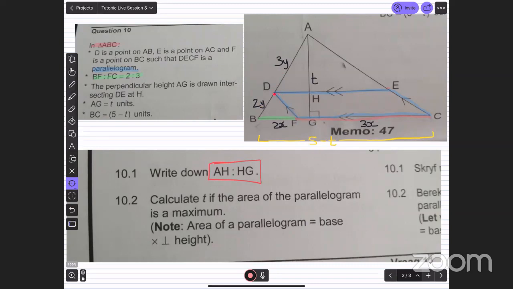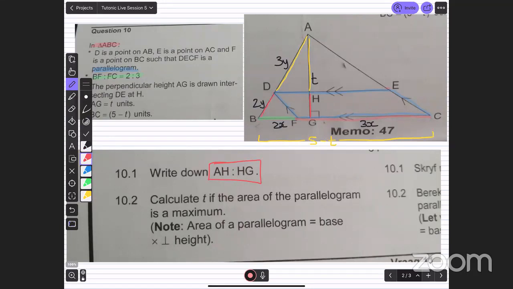So what does that mean? That AH over HG is going to be 3 over 2, the ratio, because this is 3 over 2. Do you guys see that? Let me say that again. Those are the sides that are proportional.